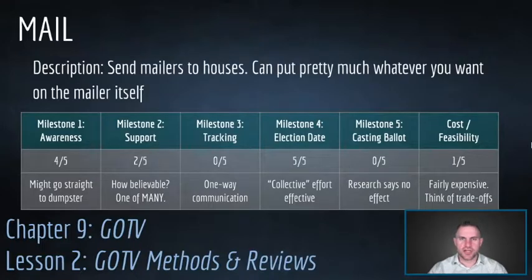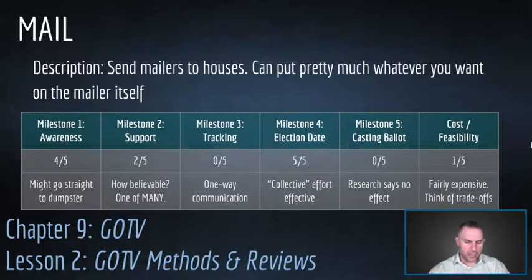So let's jump in here and start our discussion with mail, like traditional snail mail. Essentially, you send mailers to houses. You can put pretty much whatever you want on the mailer itself, but the idea is to initiate contact with GOTV intent with the voters. So milestone 1, awareness.